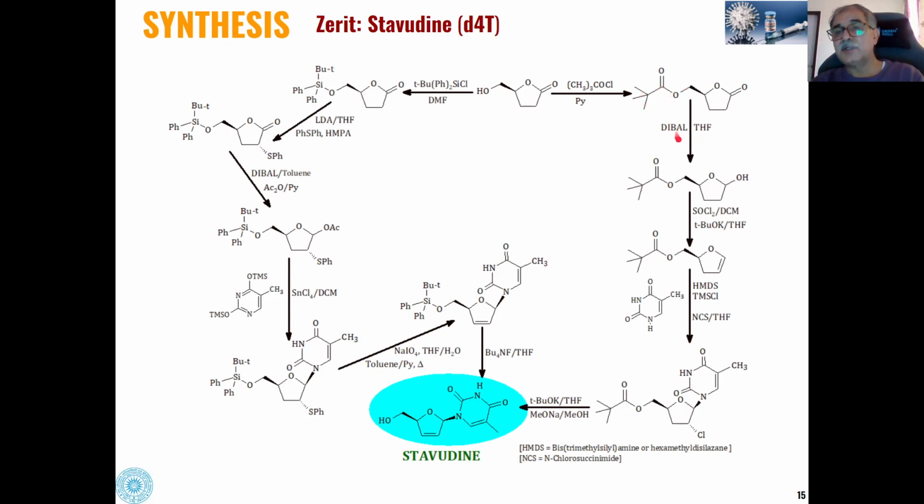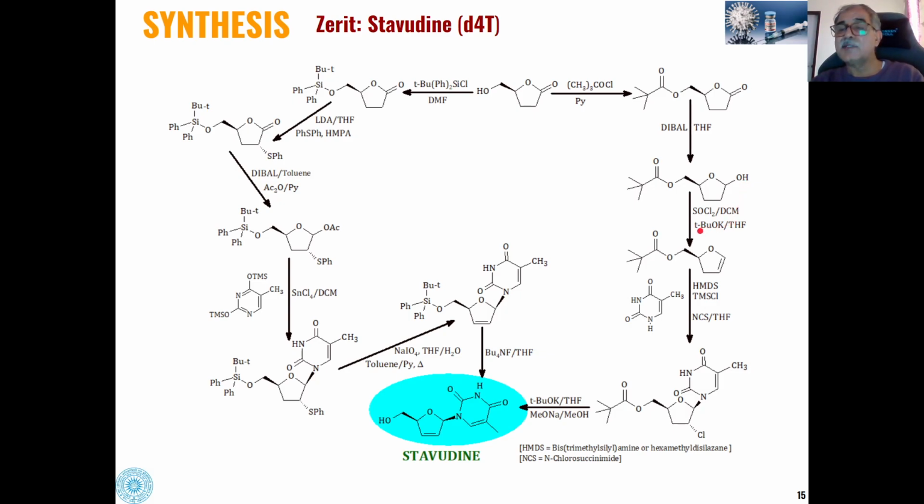Then reduction of this ketone with DIBAL in THF will take place. This ketone will be converted into a hydroxyl functional group. Then when this is reacted with thionyl chloride in dichloromethane, this hydroxyl group will be converted into a chloro group. So the corresponding halide will be formed.